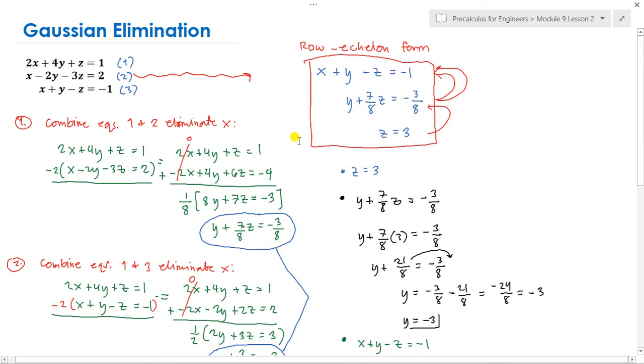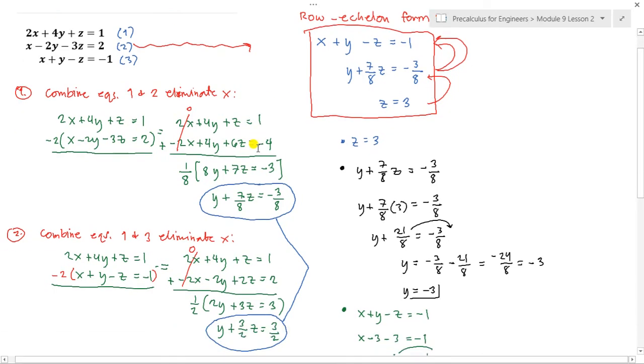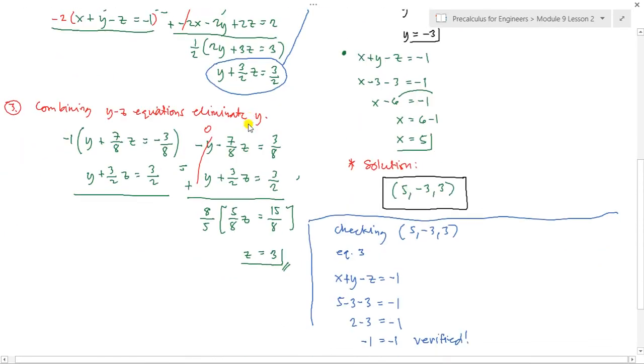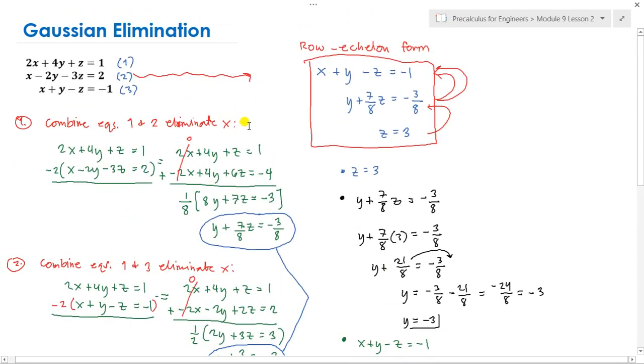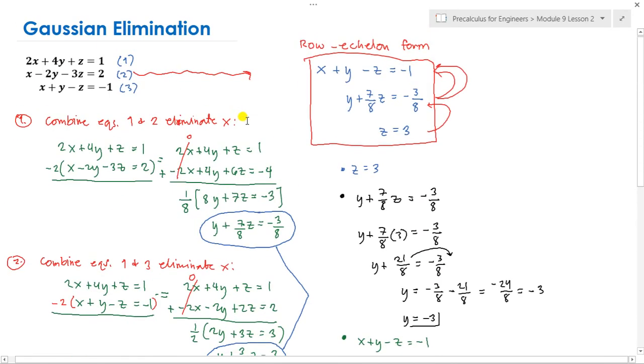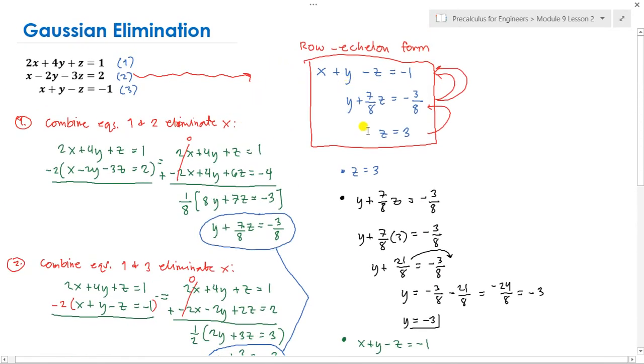So if the number of unknowns gets higher, the solution using this method also gets longer. But it is an effective method, just long. The principle behind this method is that it uses the method of elimination to generate row echelon form. So no questions?